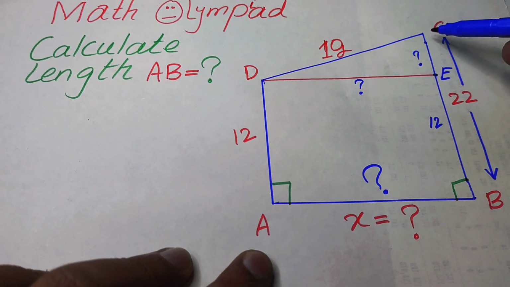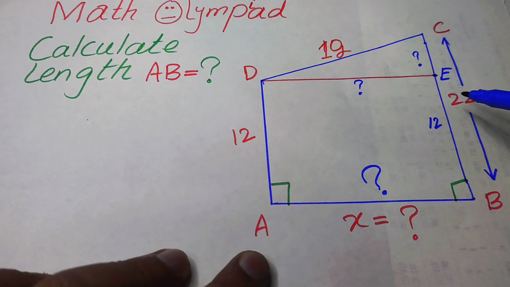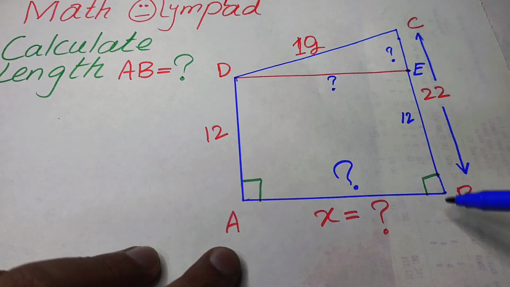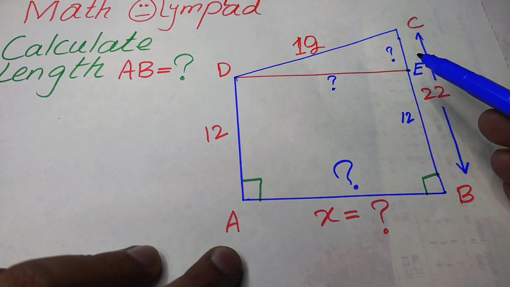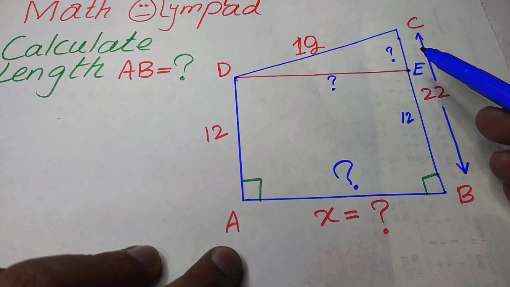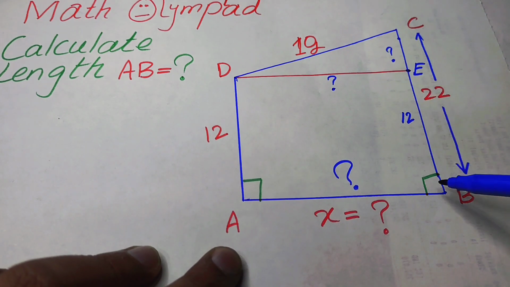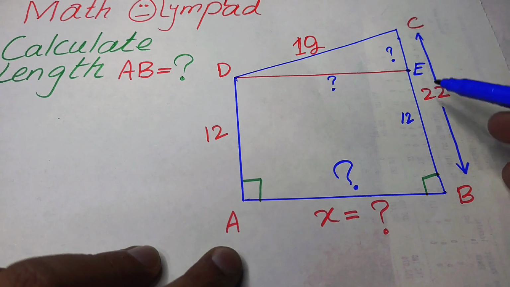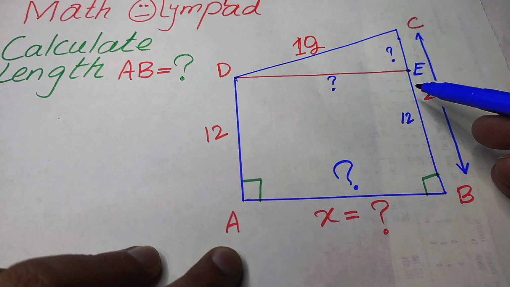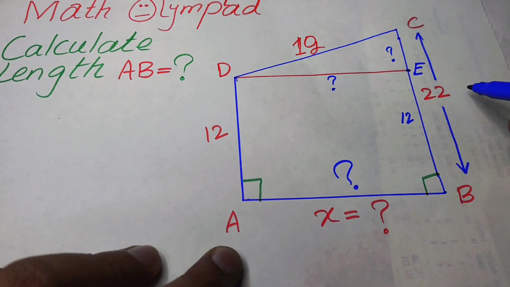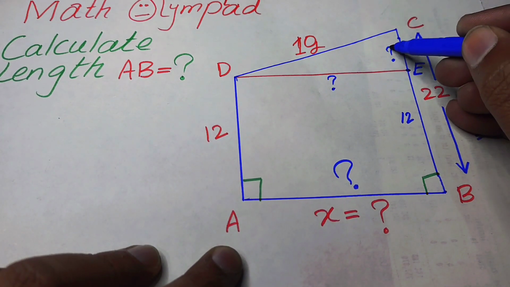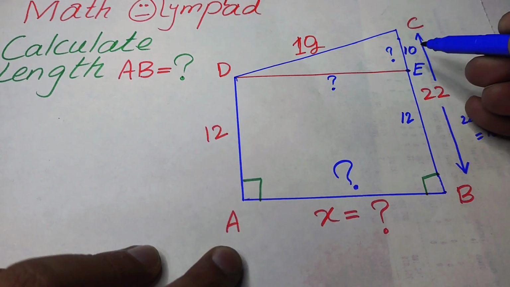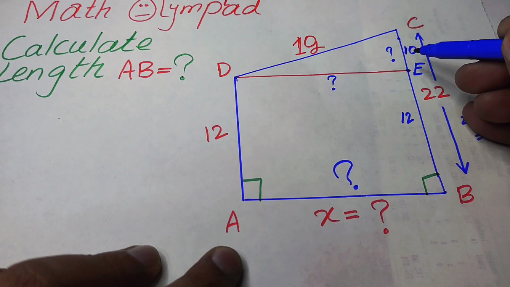The total length BC is 22 and the length of BE is 12, so if we subtract BE from BC, we obtain the length of EC. When we take the subtraction 22 minus 12, we obtain 10. So the length of EC is 10.